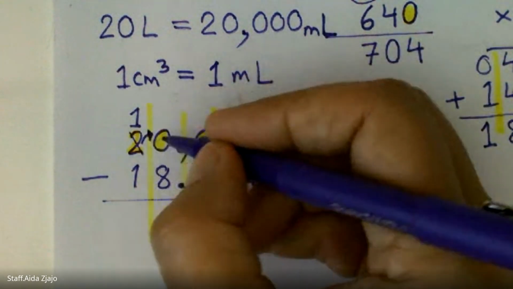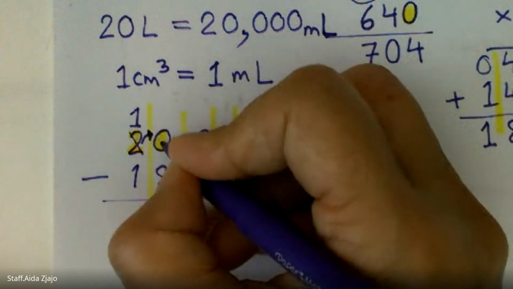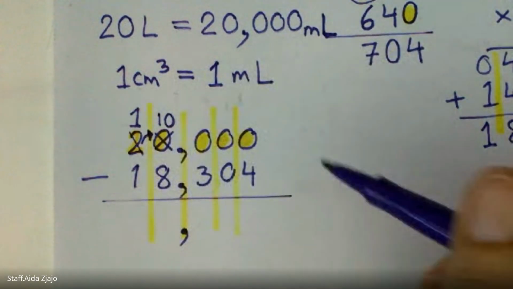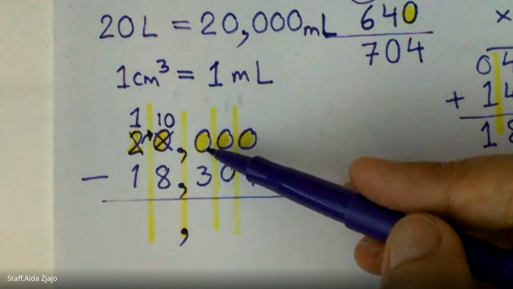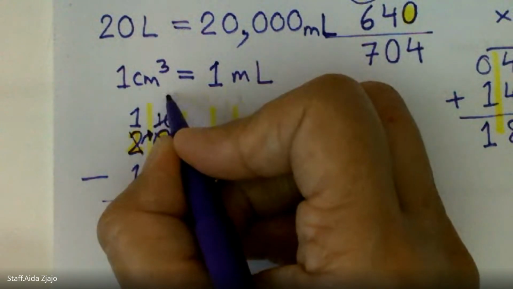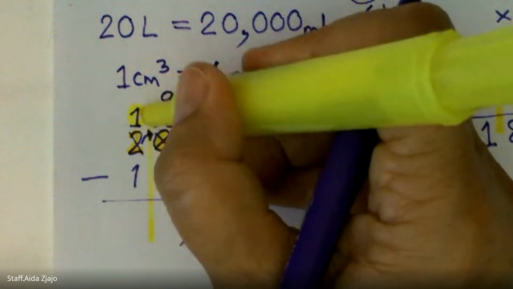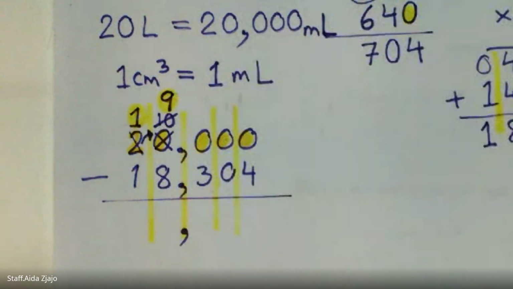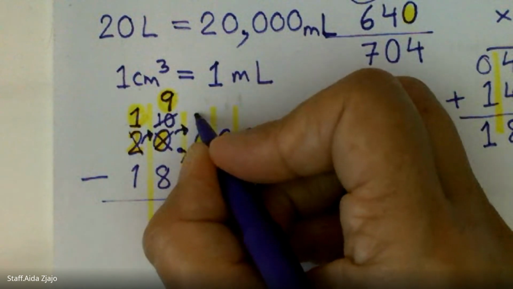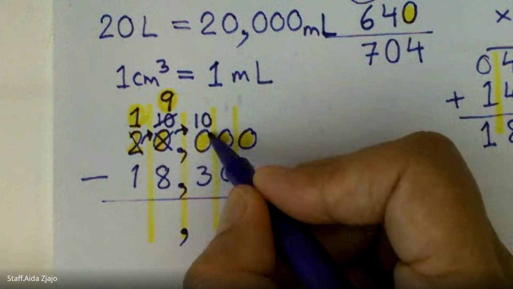So that's why instead of 10,000, you're going to get yourself 10 thousands. But since I need more hundreds, I'm going to regroup 1,000, and I will have only 9,000 left. Here I have 10,000 left, here I have 9,000 left. And then 1,000 will give me 10 hundreds, because 10 hundreds is 1,000.